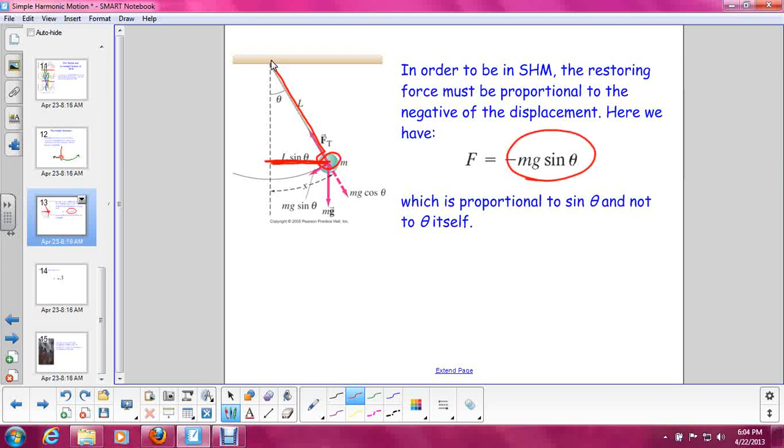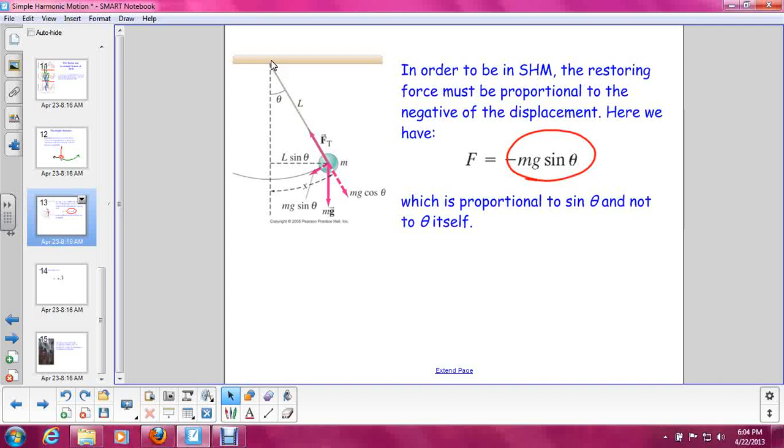It's all about trig. So mg is weight, the weight of this mass at the end of the pendulum, and sine theta is the portion of this triangle that is in the x direction, the one that's lined up with this line right here. So it is true that the force is proportional to the inverse of the displacement.